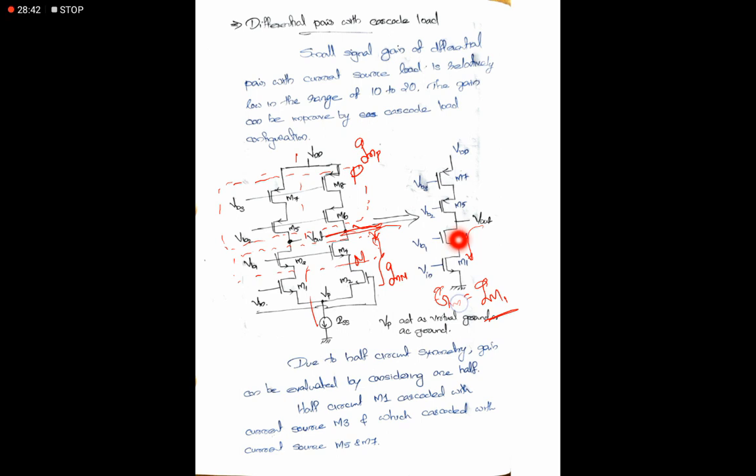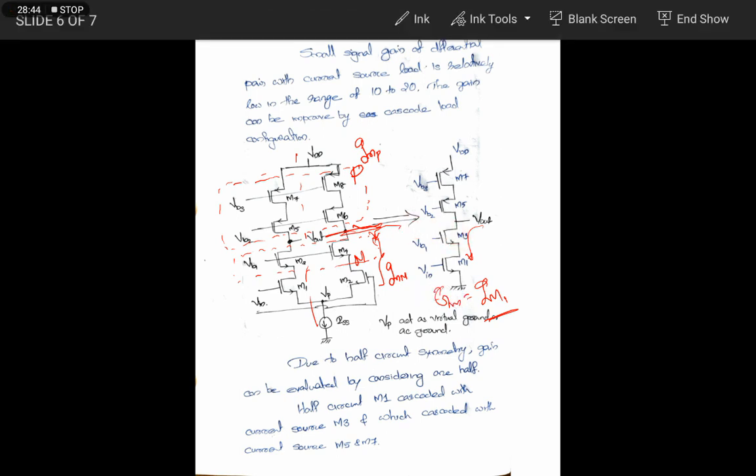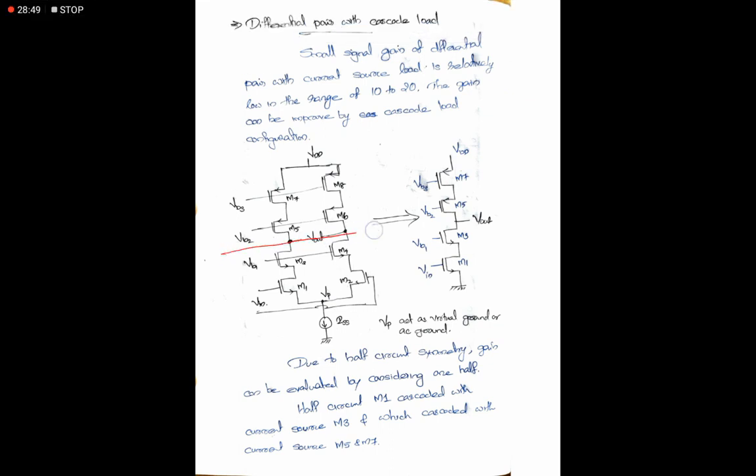Okay, and when we evaluate the output resistance, here I am splitting with respect to this output. Here we need to find the Rout. Rout consists of two parts: Rn for the N-type MOSFETs and Rp for the P-type MOSFETs. What is the value of Rn? Rn we already calculated. Here it is M3 and M1, and the resistances are R0N and GMN in both cases.